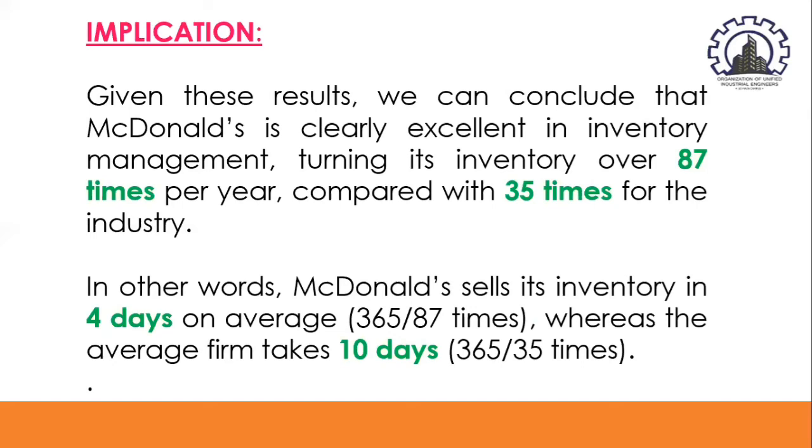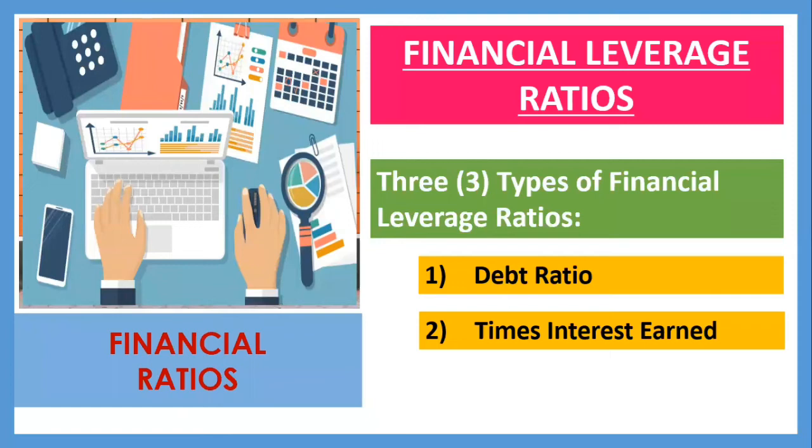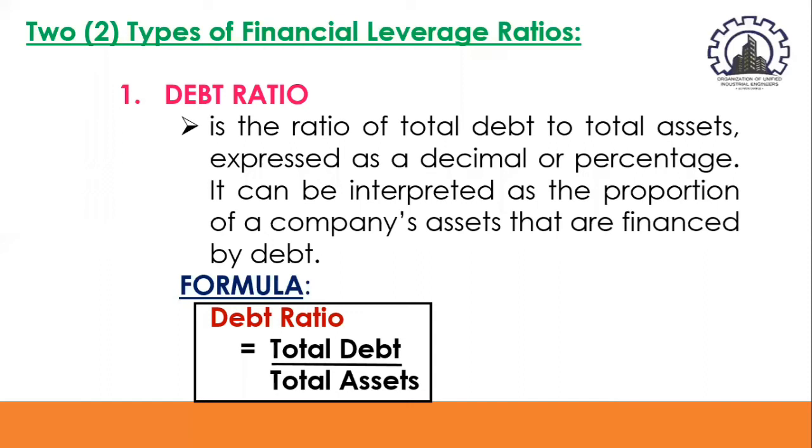Okay, so moving on to the next type of financial ratio, we have financial leverage ratios. And financial leverage ratio is composed of two types. First, we have debt ratio, and second, we have times interest earned. Now, let me discuss to you first what a debt ratio is. If we say debt ratio, it is the ratio of total debt to total assets expressed as a decimal or percentage.